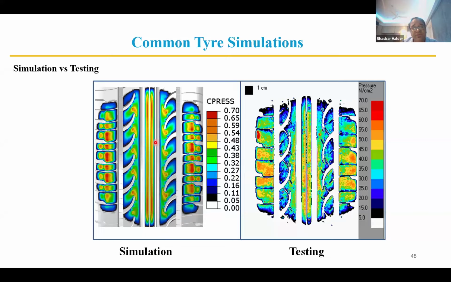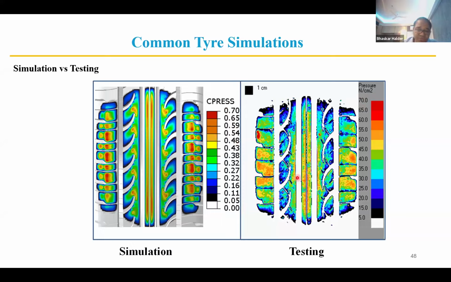the FEA is a very powerful tool to decide the design actually. The stress values are more or less the same, 0.7, and the unit is different, but if you see the stress distribution, there are a lot of similarities in the actual versus the simulation result.